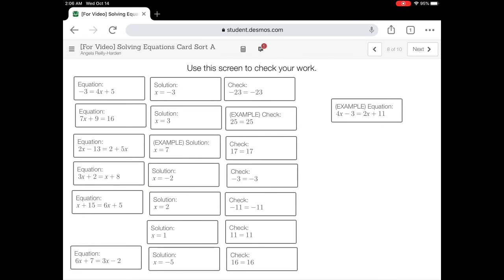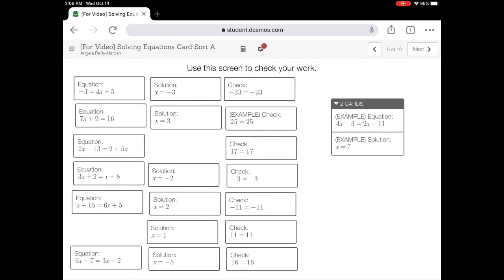The solution that we found to that was x equals 7, so I'm going to match that. The check, we know when x is 7, the value of both sides of the equation is 25. 25 equals 25. I'm going to match these 3 cards together.